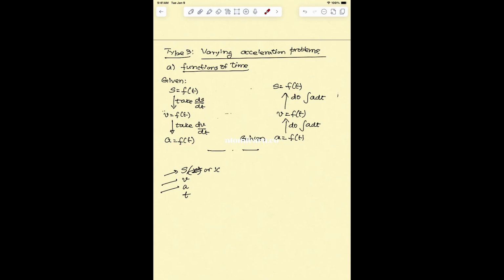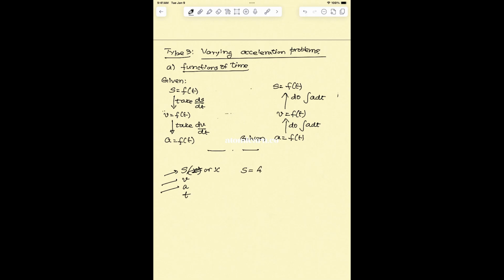For example, let us take one example. Let us say a particle is performing a motion along a straight line as per this particular law, where displacement is given as 4t squared plus 3t plus 1.